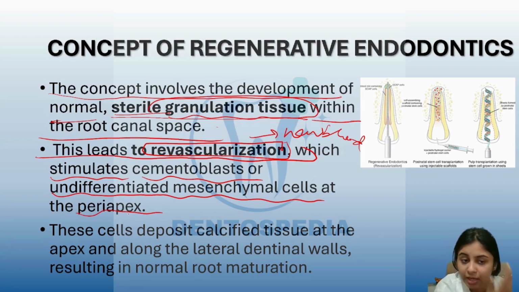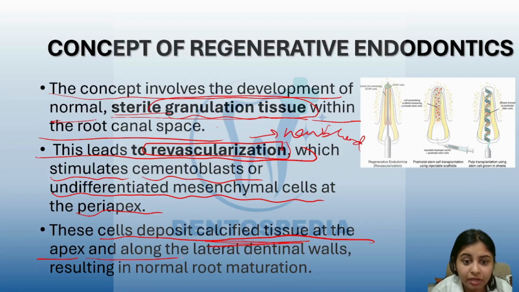And these cells deposit calcified tissue at the apex. So they will deposit this calcified tissue along with the lateral dentinal wall, resulting in normal root maturation.